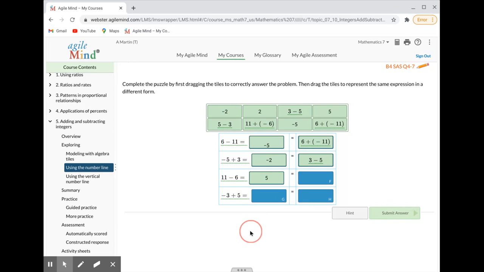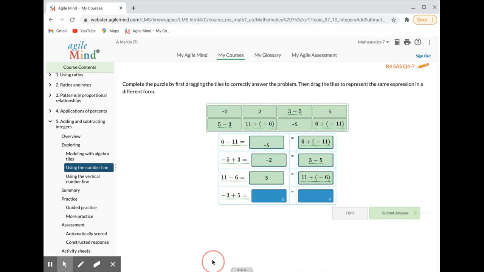What are you thinking, Natalia? Because we said that 6 plus -11 will give us -5. Oh, I got that messed up. All right, so what should it be? -6. Good. 11 plus -6. All right, lady.